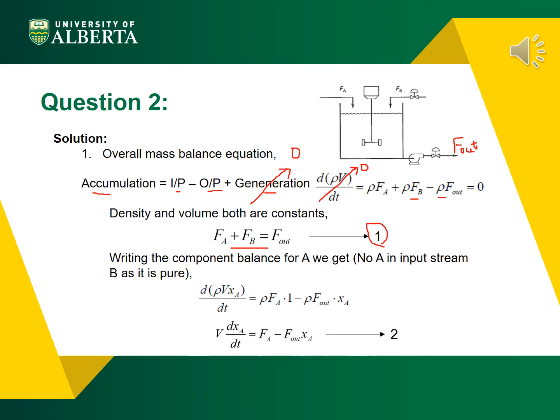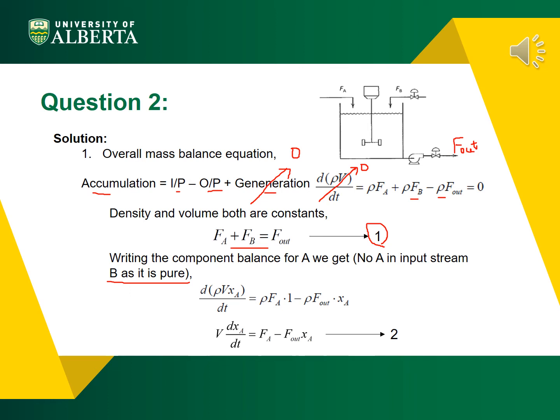And if we write down the component balance for A, the information given in the system was that stream B does not contain A because B is pure, it contains only B. So the component balance for the system with respect to A would be d by dt of rho into V into Xa, which is the mass fraction of A, accumulation.